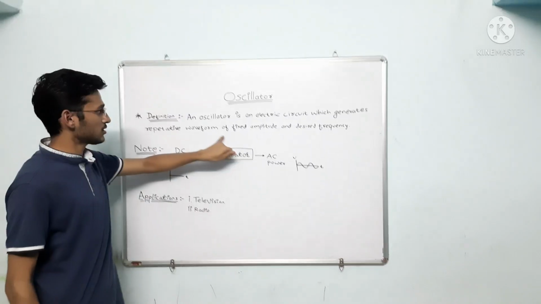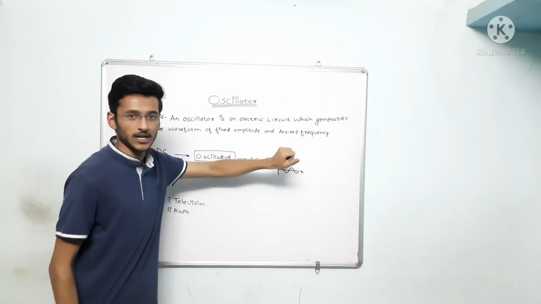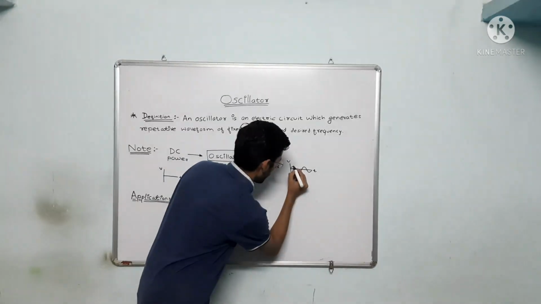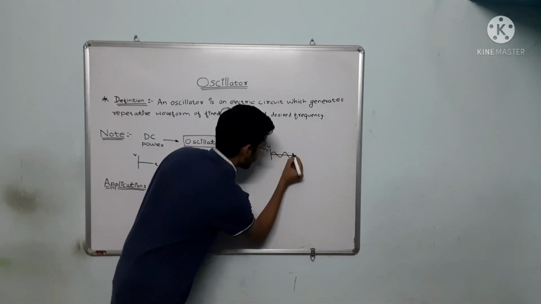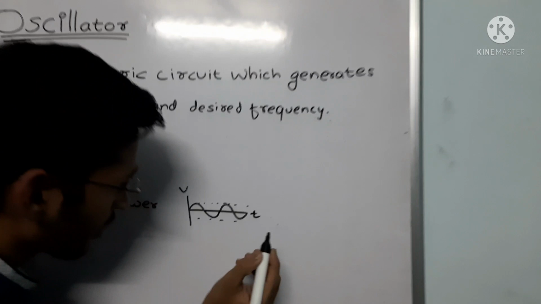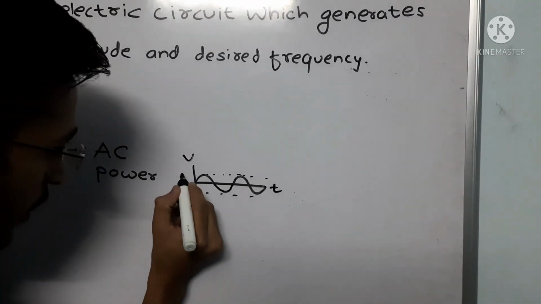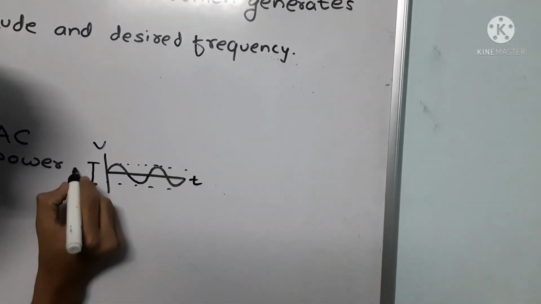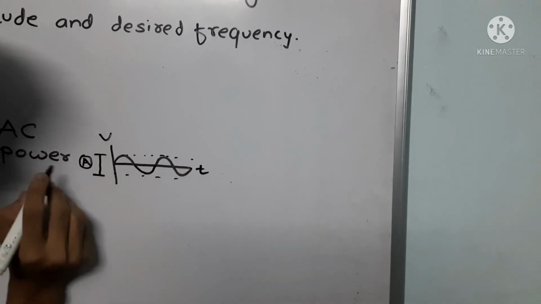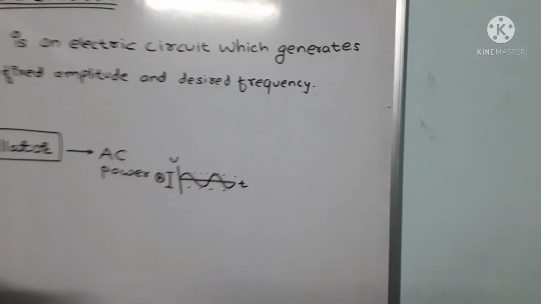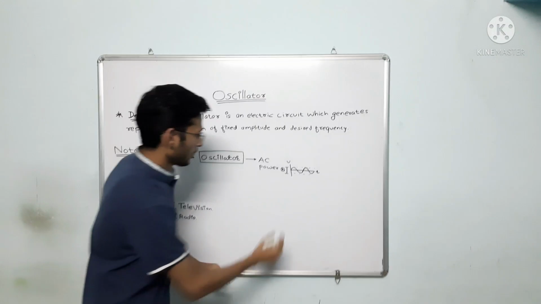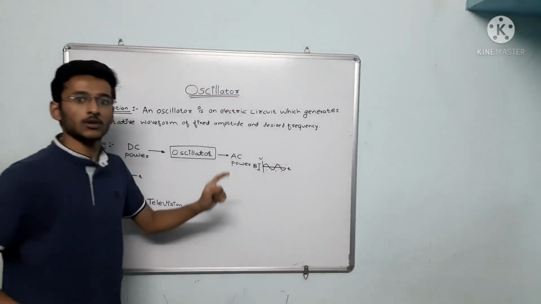We have mentioned fixed amplitude and desired frequency in the definition. As you can see from the curve on the graph, the amplitude, that is A, of the graph remains constant or fixed, and this graph is valid for a particular frequency.